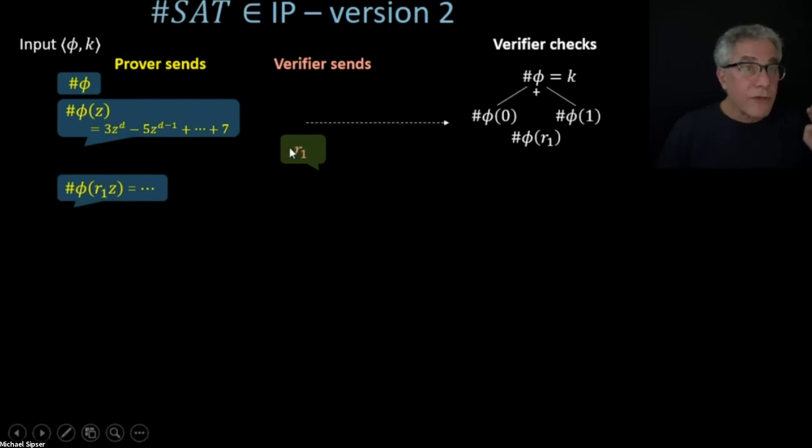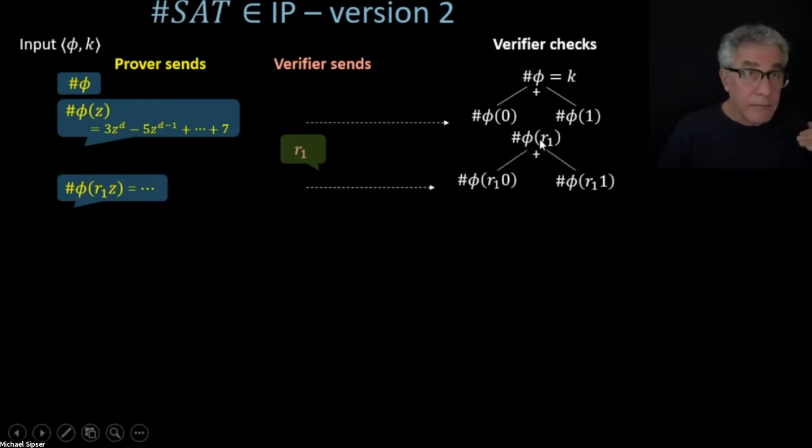Now the prover, to justify that this value is right, that this polynomial is right, in order to check that this value is right, is going to send the polynomial for the next level. From that, we can plug in 0 and 1 for z, see if that adds up.